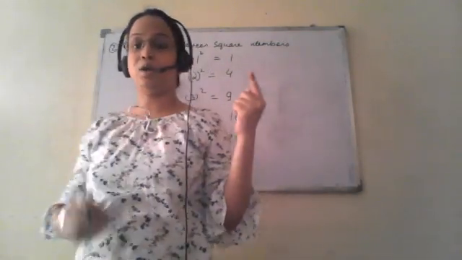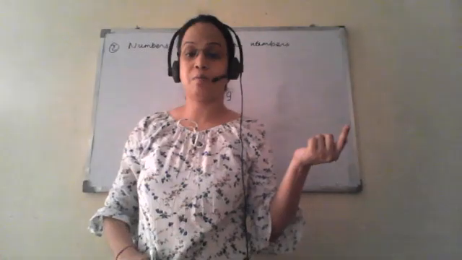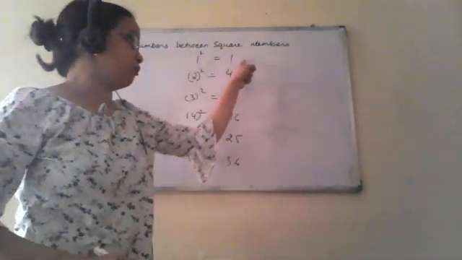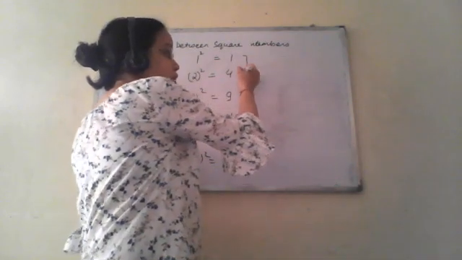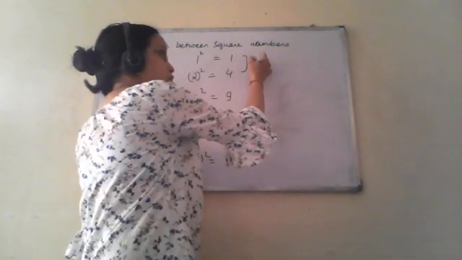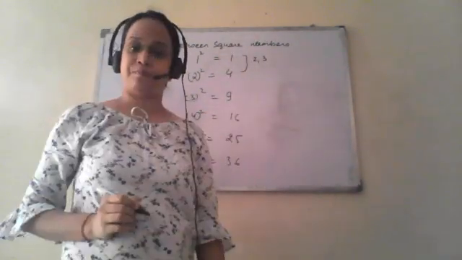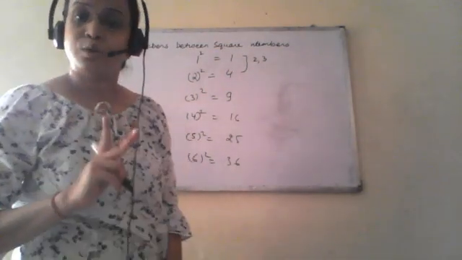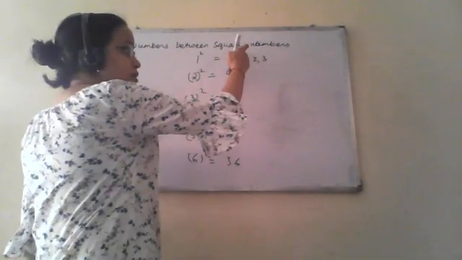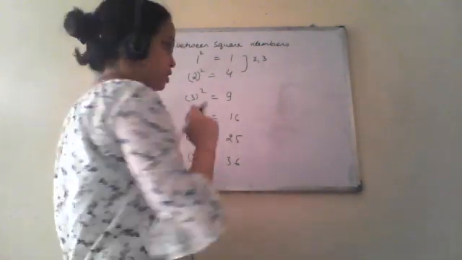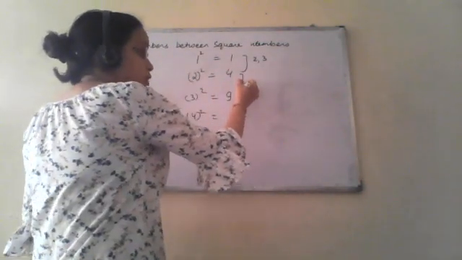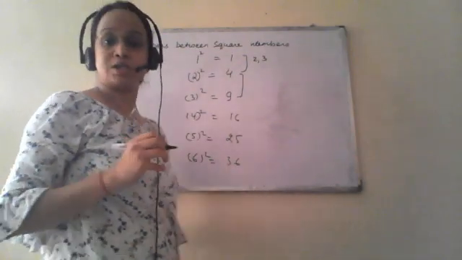Now we have to calculate how many non-square numbers are there in between these perfect squares. Between 1 and 4 there are how many numbers? We have 2 and 3. So there are two non-square numbers between 1 and 4, or between two consecutive perfect squares. Between 4 and 9, how many non-square numbers are there?